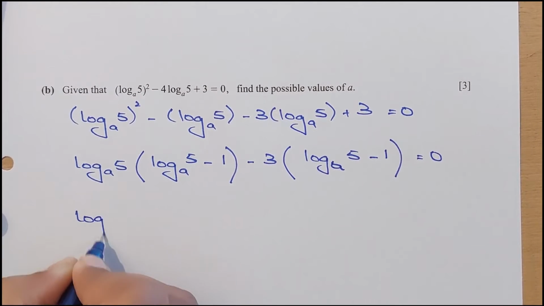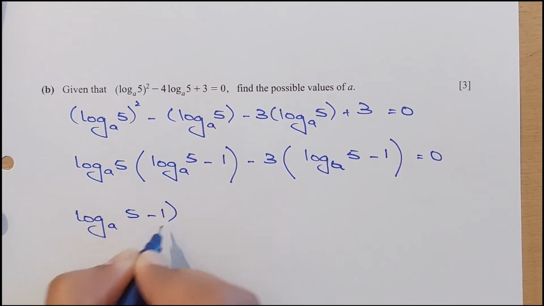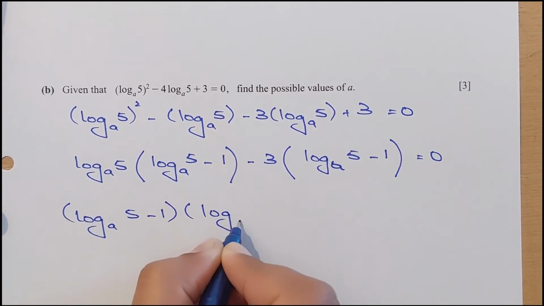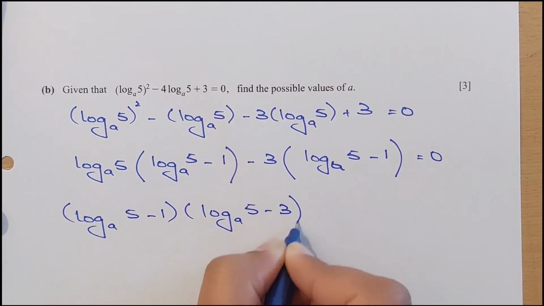The two factors are log base a of 5 minus 1 and log base a of 5 minus 3.